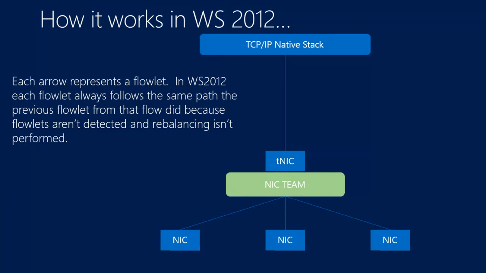Does that answer your question? For teaming, if you will just go Bing or Google if you prefer, NIC Teaming Deployment Guide. You will find there's 2 at Microsoft.com that are there.